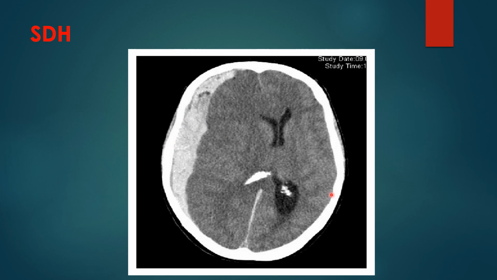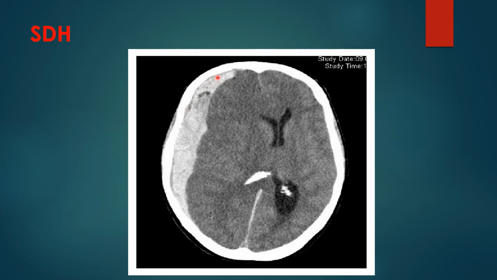This is how the CT scan will look. Subdural hematoma is expanding. It has caused the midline shift. The sulci are not visible due to ensuing cerebral edema. Now, as you can see here, the shape is a sickle shape, or a crescent shape.